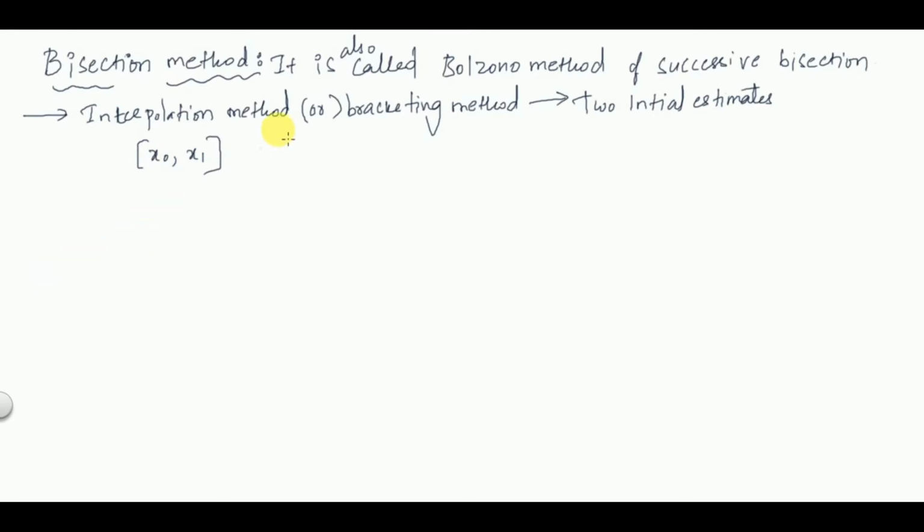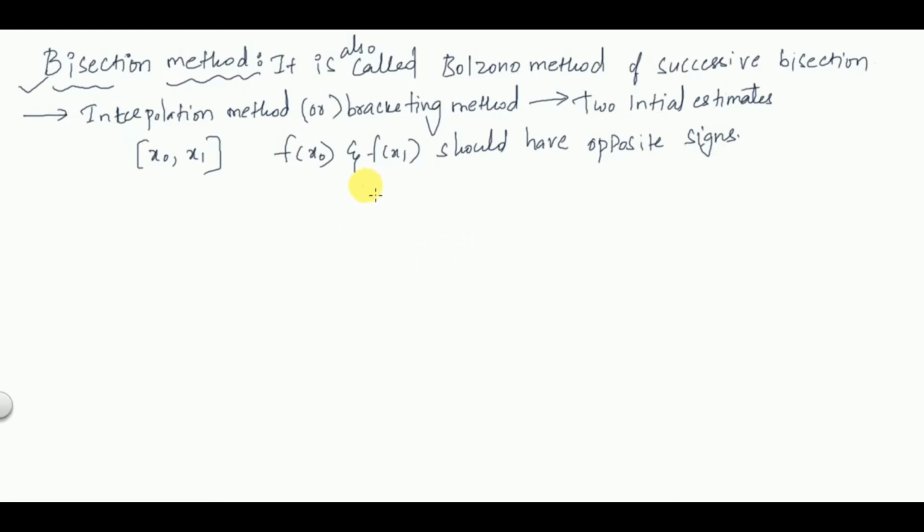If x0 and x1 are the initial estimates, the condition to be followed is that f of x0 and f of x1 should have opposite signs.